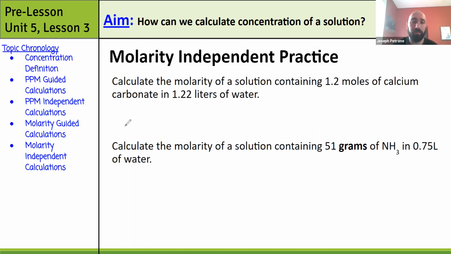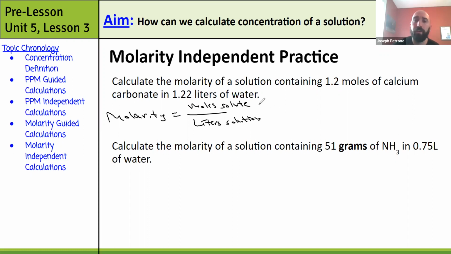Once again, our formula is molarity equals moles of solute over liters solution. Our moles of solute, we have 1.2 moles of calcium carbonate. And it says a solution of this amount of calcium carbonate in 1.22 liters of water.